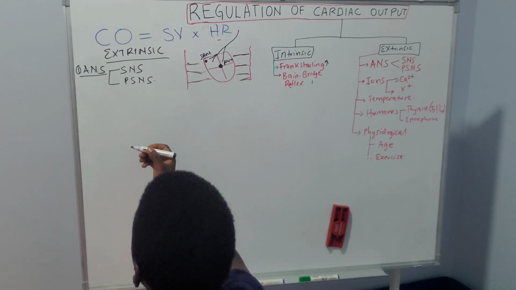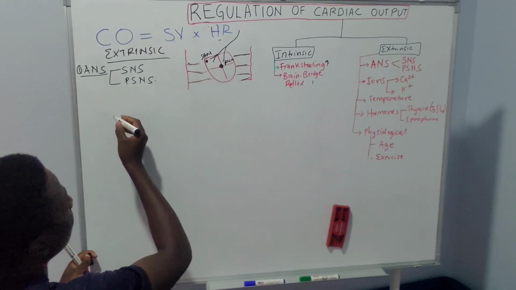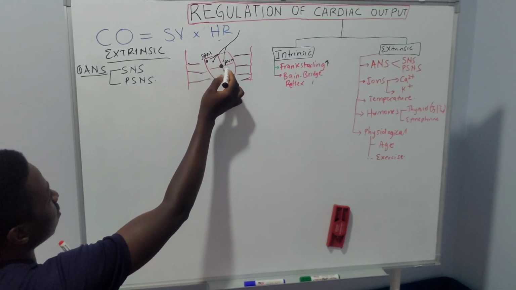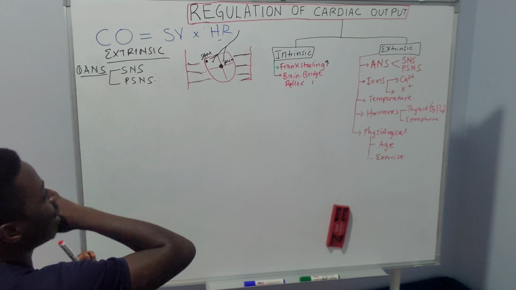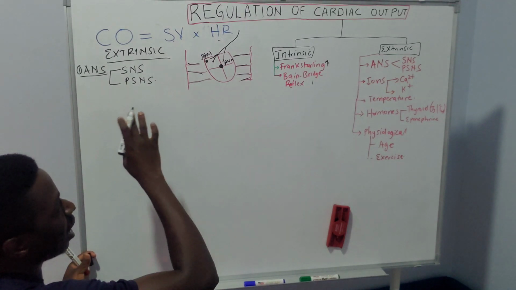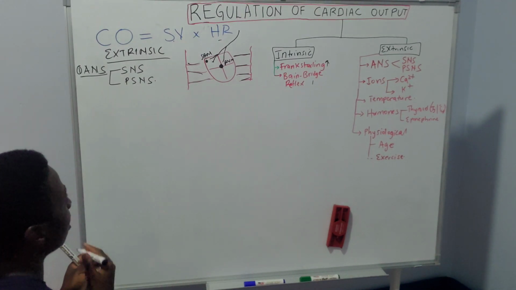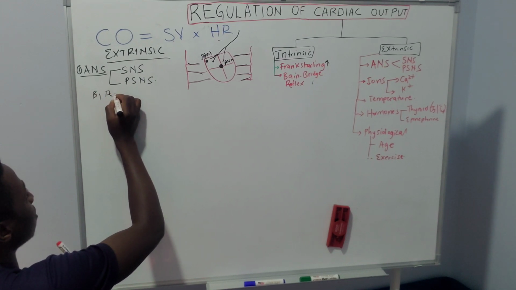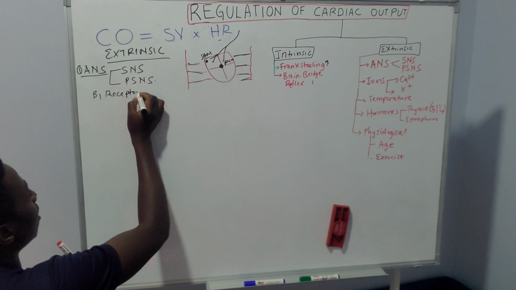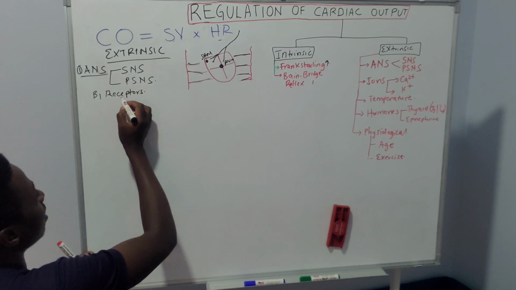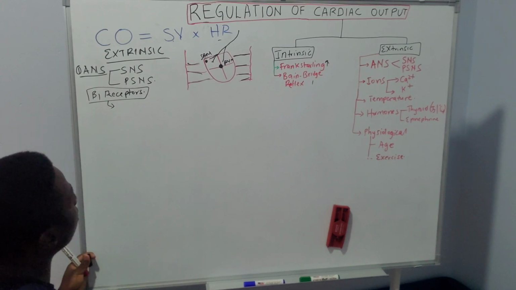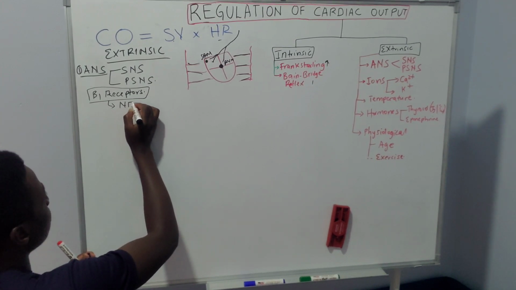So for impulses coming through the sympathetic nervous system, we have receptors on the myocardium and also on the conductive system, especially the SA node. Those are beta-1 adrenergic receptors. These beta-1 adrenergic receptors of the sympathetic release norepinephrine as a neurotransmitter.